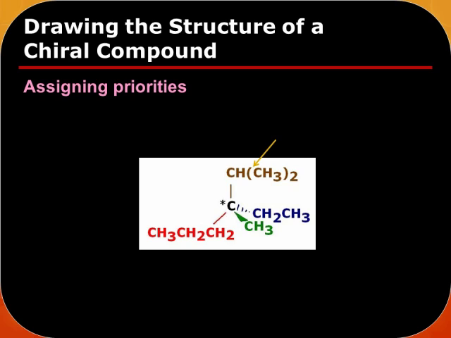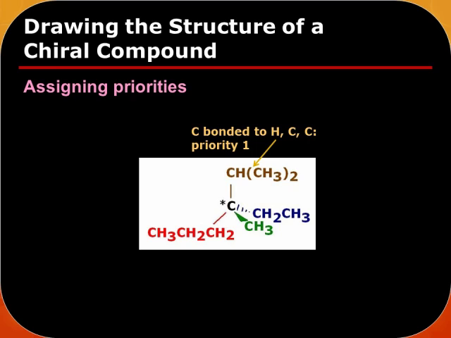You understand? The substituent that is bonded to the central or chiral carbon is itself bonded to only one hydrogen but the other 2 are carbons. So it will have the first priority. Understood? So the carbon bonded to H, C, C, priority 1.